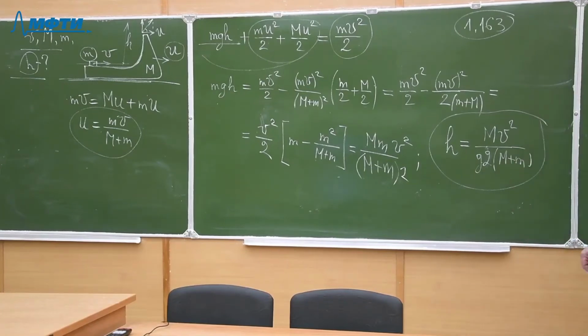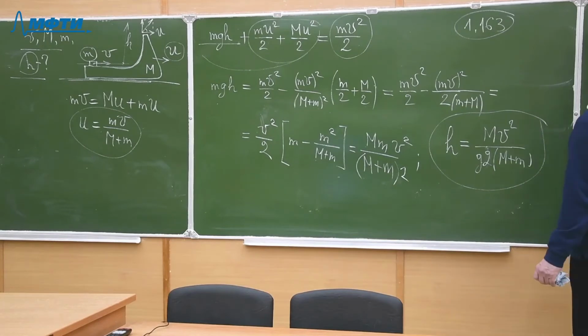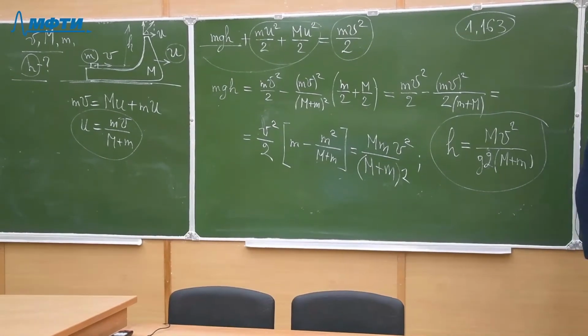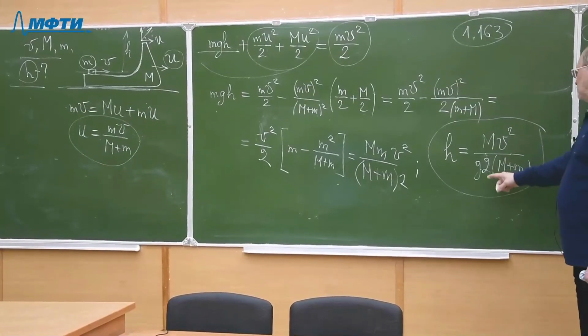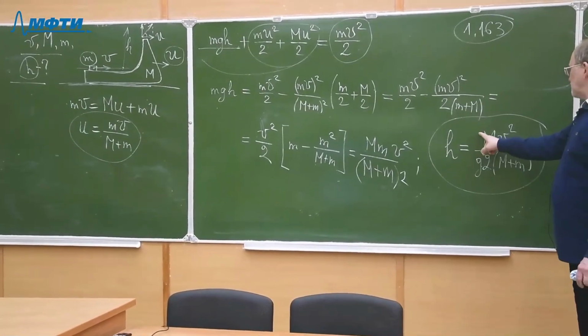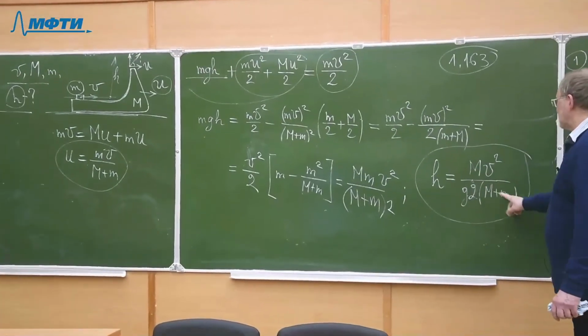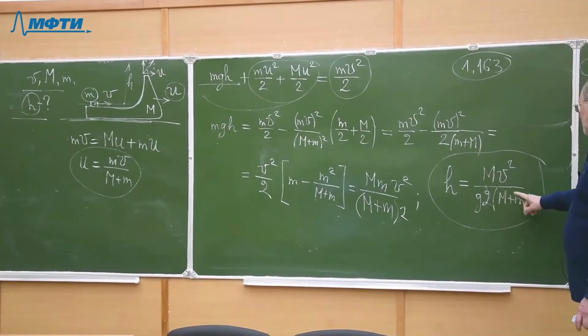Now we have to check this answer. How to check it? First, we check the dimensions, the units of measurement. The units of measurement of mass will cancel. Kilograms and kilograms will cancel. And here we will have velocity squared, meters over second, squared.